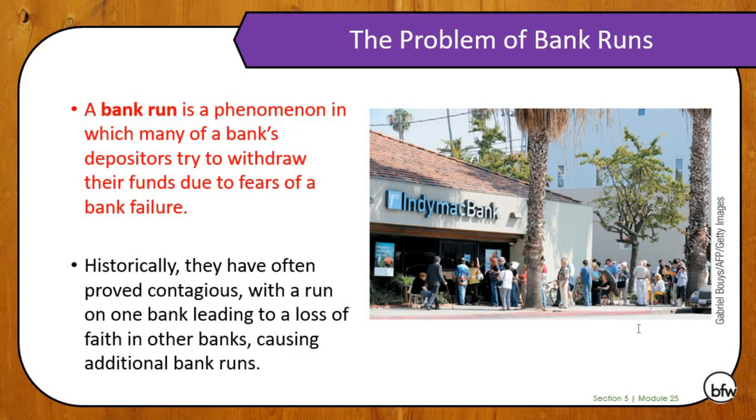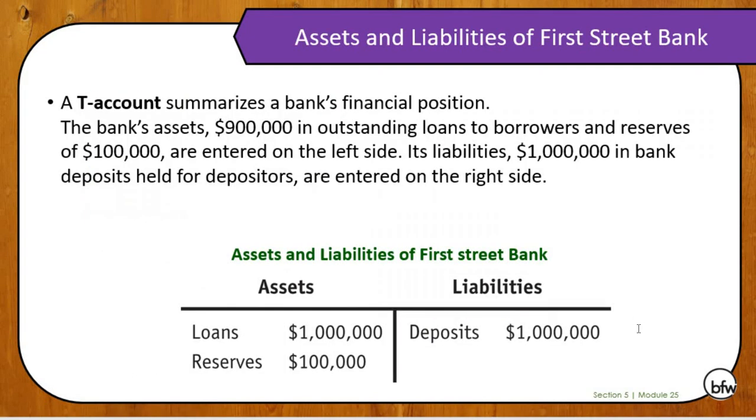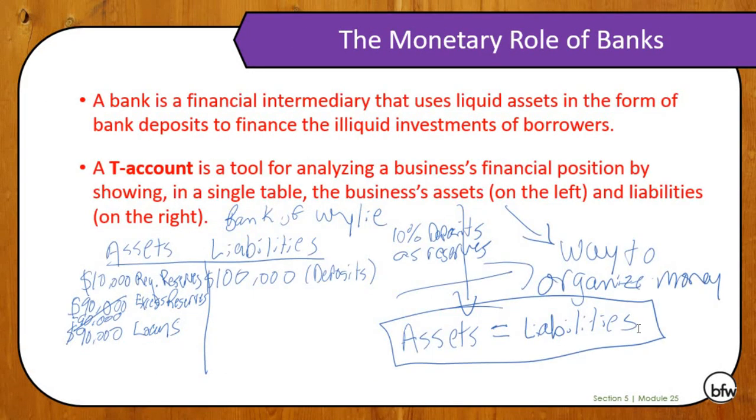Now, a bank run can be a big issue. A bank run is a phenomenon in which many of a bank's depositors try to withdraw their funds due to fears of a bank failure. So let's go back to our example. Let's say that Bank of Wiley has made me this loan of $90,000, which means they only have $10,000 in required reserves.